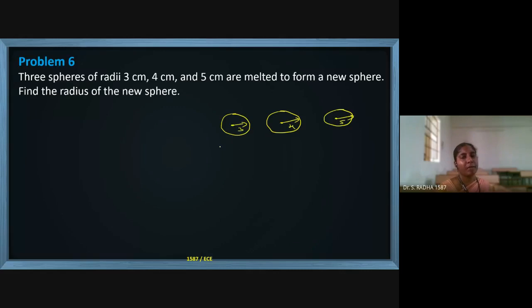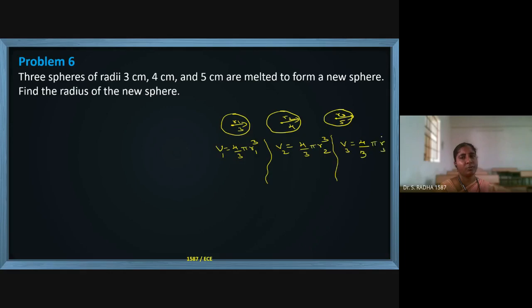Now I will calculate the first one's volume, which is 4 by 3 pi r cube. If this is R1, R2, R3, the second one's volume is 4 by 3 pi r2 cube.